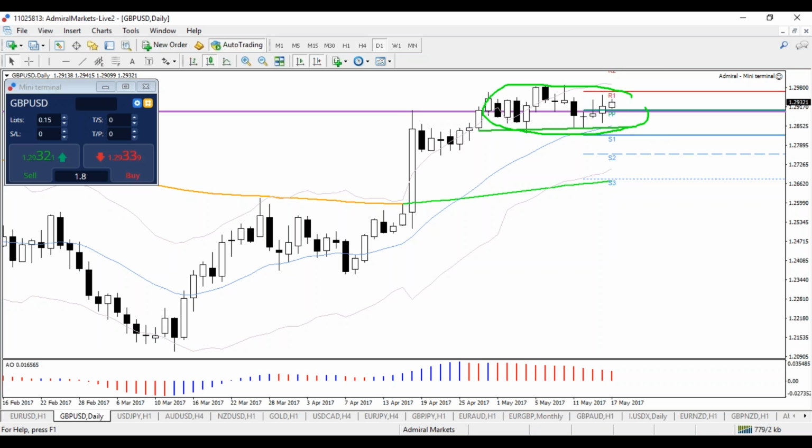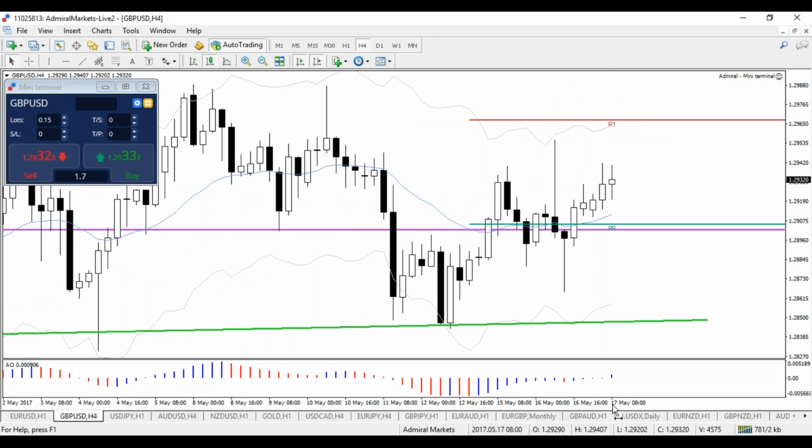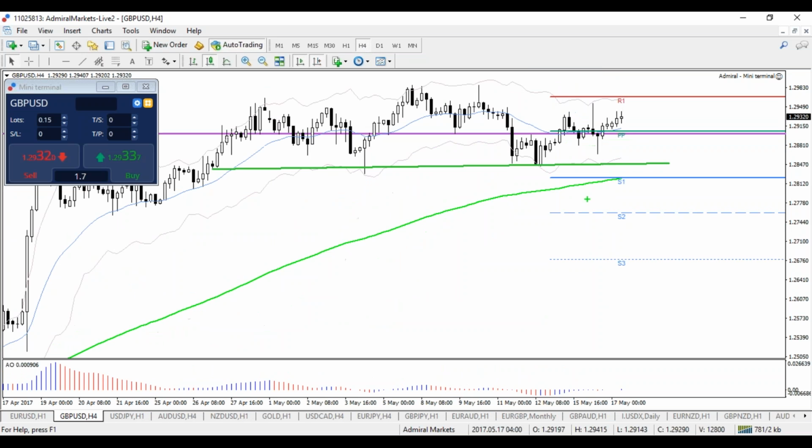It is a consolidation like this, but I'm not looking to trade the downside yet. It is still being bought up pretty fast as well. Look at that. And being sold here.